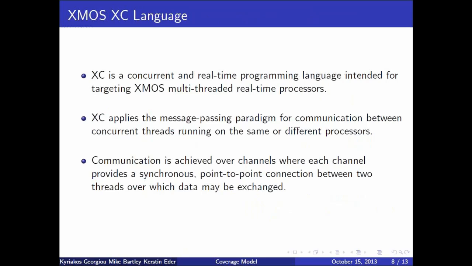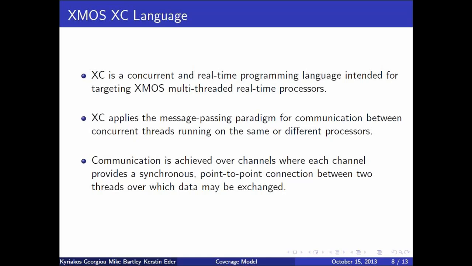Regarding our case study, we use the XMOS XC language, which is a concurrent real-time language intended for the XMOS multi-threaded architecture. XC applies a message passing paradigm for communication between threads on the same core or on different cores.